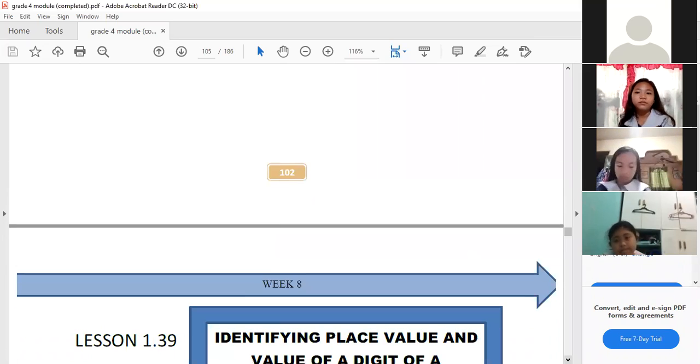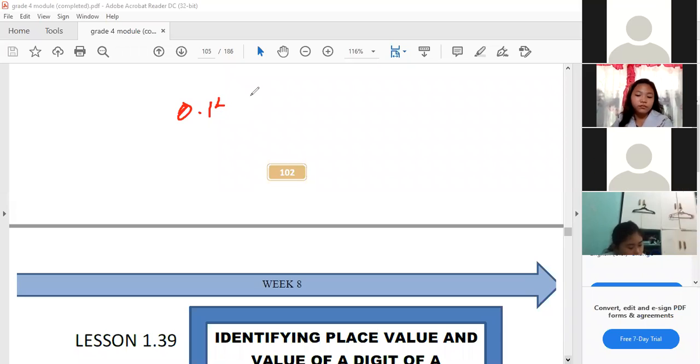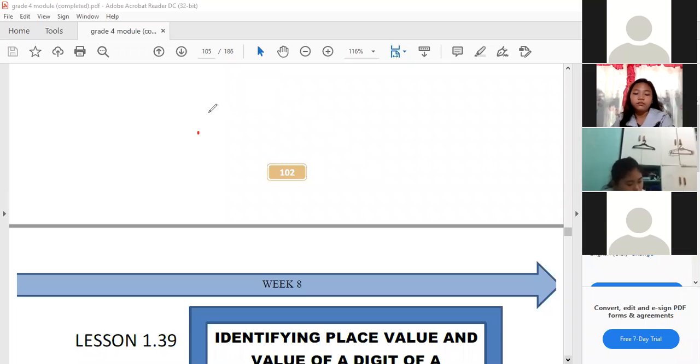I have a question: 14.07 and 14.7, which is bigger? 14.07 and 14.02, which is bigger?